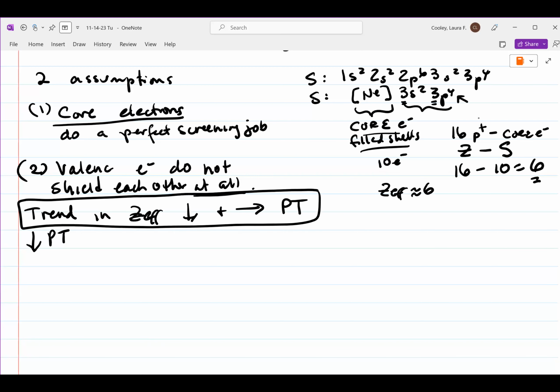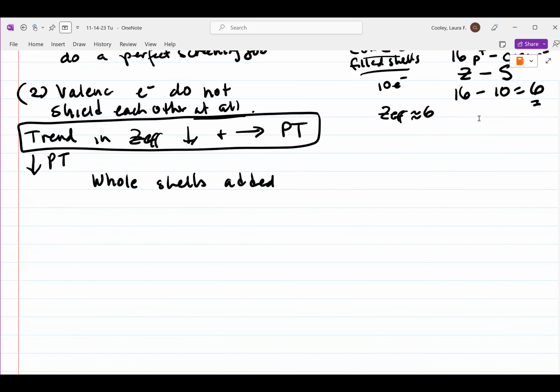As you go down the periodic table, you're adding whole shells. If we take the example of the alkali metals, we have lithium, which is helium... what is it? Go look at your periodic table. Lithium is Z=3. So it's helium 2s1.